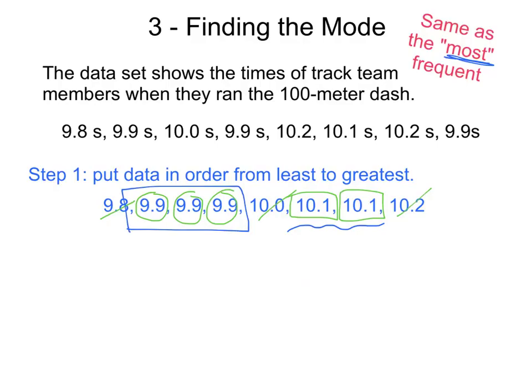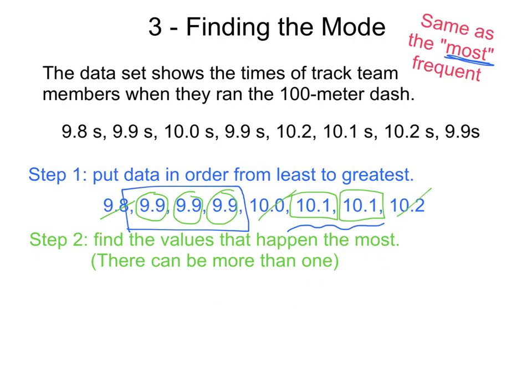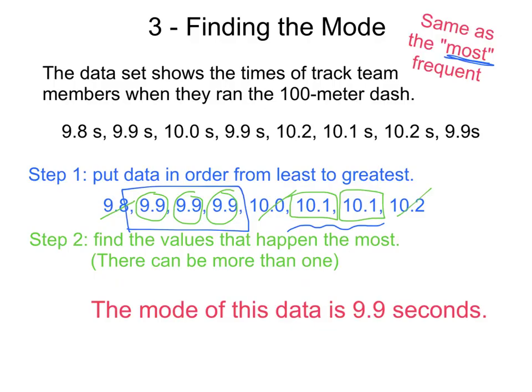So, in our second step, we were just finding the values that happen the most. Sometimes there could be more than one. If there were 3 10.1s, we would have both 10.1 and 9.9 as our mode, but for this example, 9.9 is our mode, so our final answer is the mode of this data is 9.9 seconds.